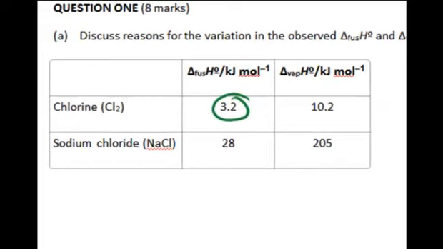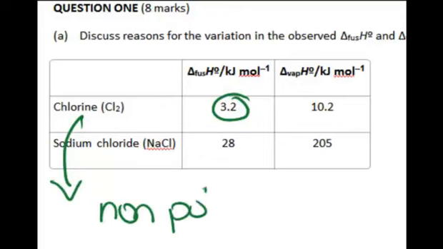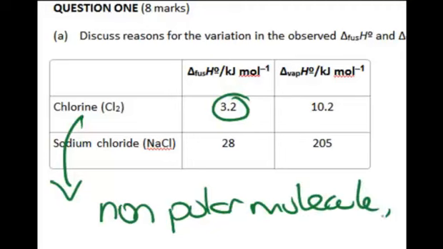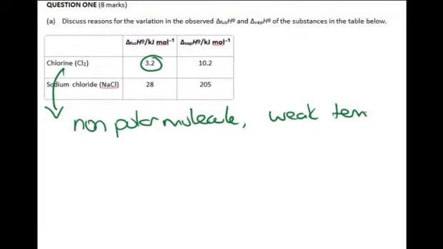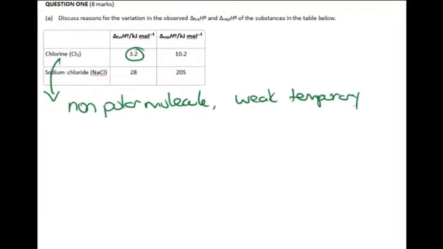Now when we look at chlorine, for example, we notice that this enthalpy amount is fairly low for fusion, and it's also fairly low for vaporization, and this is what we'd expect. As for chlorine, it's a non-polar molecule, and you should make that statement, and the attractive forces involved are weak temporary dipole interactions.